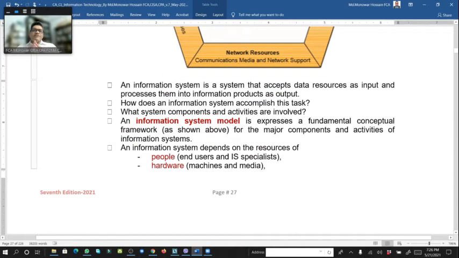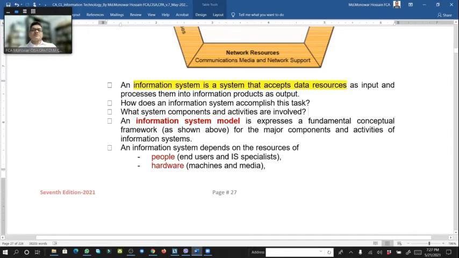An information system is a system that accepts data resources as input and processes them into information products as output.